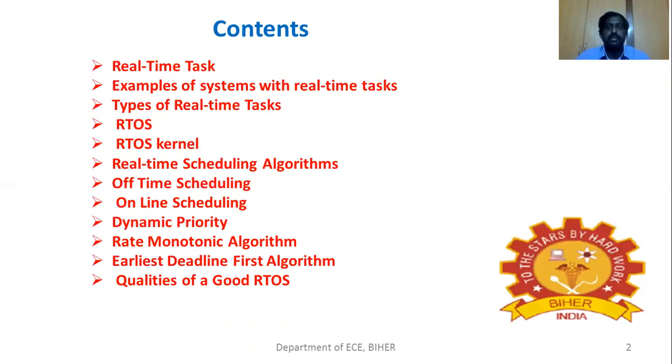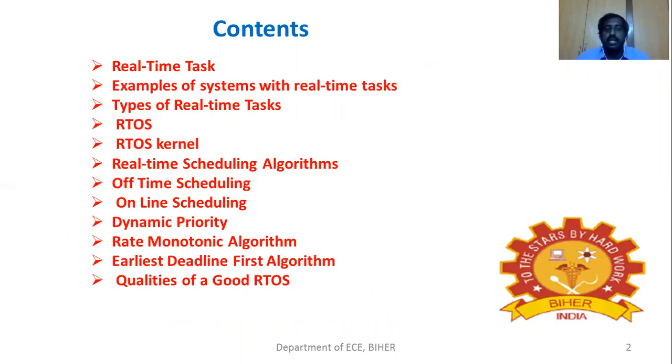These are the contents of my presentation. We start the session with the real-time task: what is a real-time task, and examples of systems with real-time tasks. Then types of real-time tasks, what is an RTOS, real-time operating system, and what kernels are used in real-time operating systems.